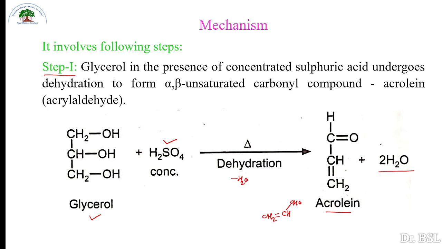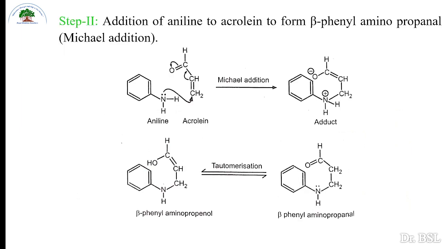In step second, addition of aniline to acrolein to form beta phenyl aminopropanal takes place, and this addition is known as Michael addition. So this is the structure of aniline, benzene ring with NH2.